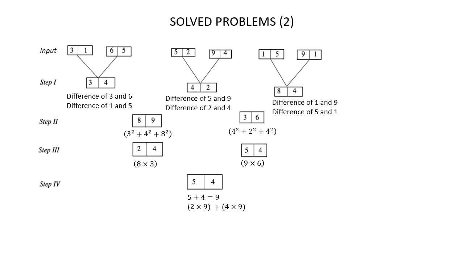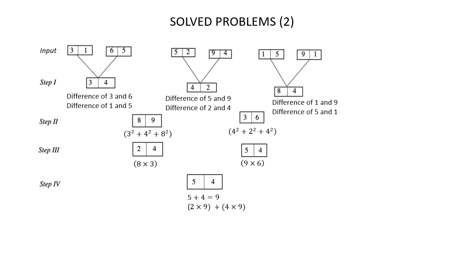The sum of the squares of the second digits of each number in step 1 gives the second number in step 2. This means 3 squared plus 4 squared plus 8 squared will give us the first number in step 2. So 3 squared plus 4 squared plus 8 squared is nothing but 9 plus 16 plus 64, which is 89. So 89 is the first number in step 2.